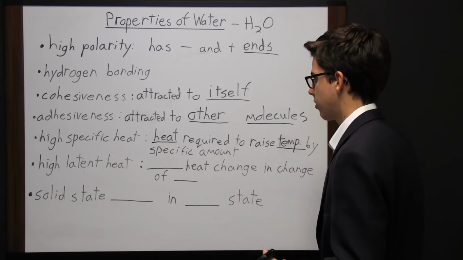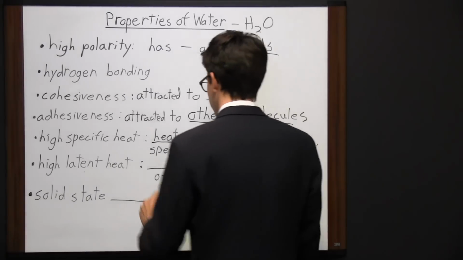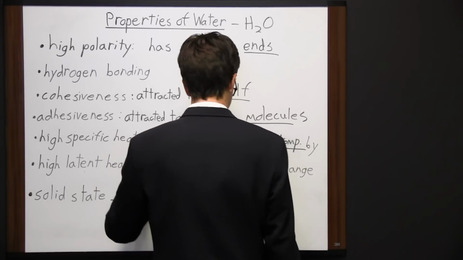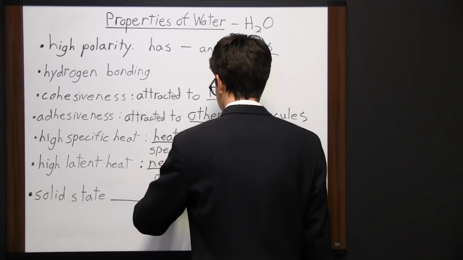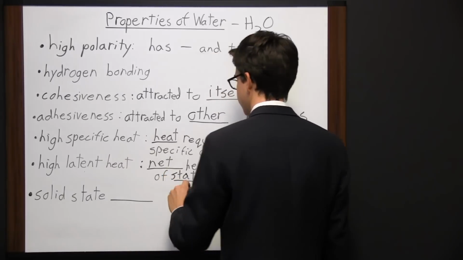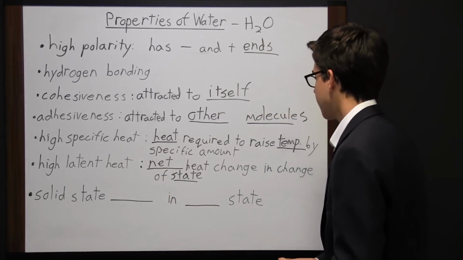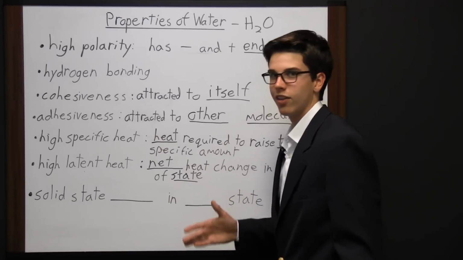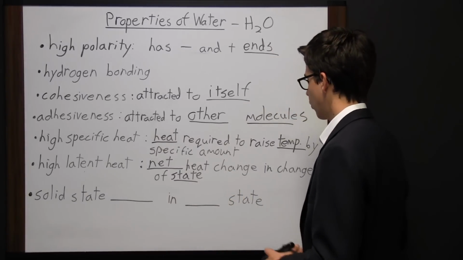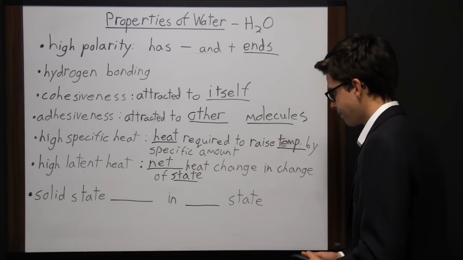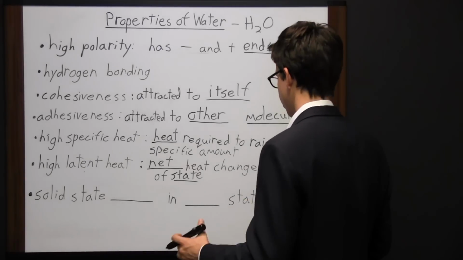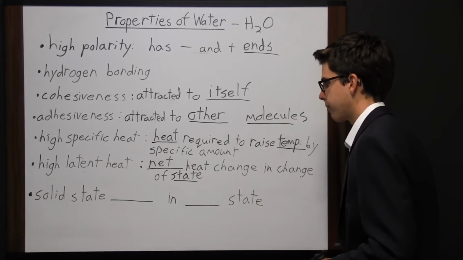This also goes along with high latent heat, which is the net heat change in change of state. So basically when water changes from one state to another, that means there was a lot of heat either absorbed or put off. And so net heat change means how much heat was absorbed or exerted to do this change of state.